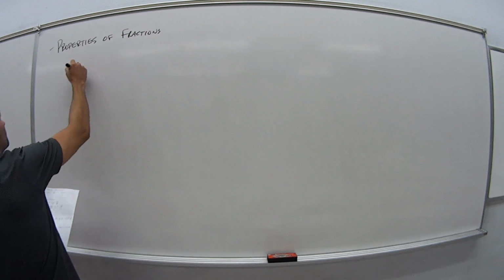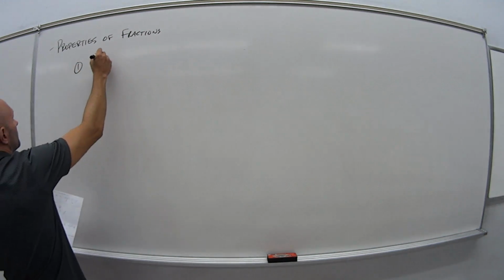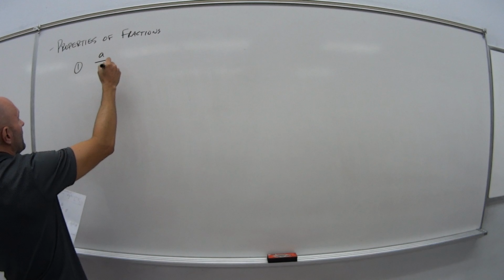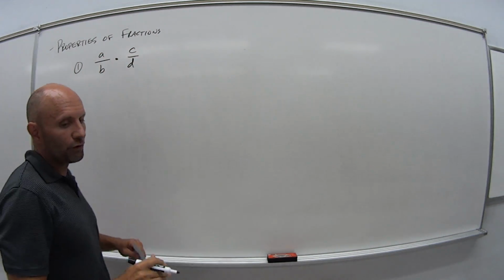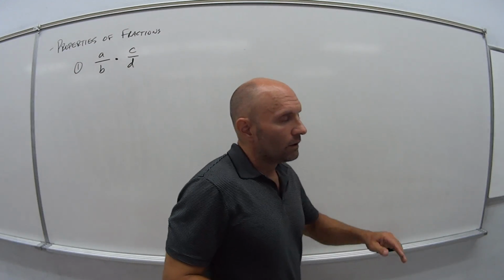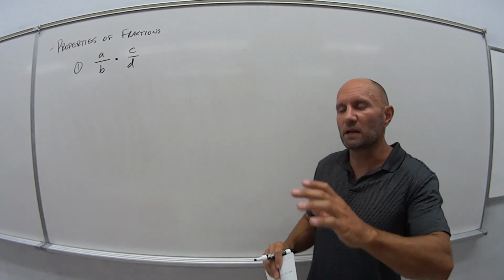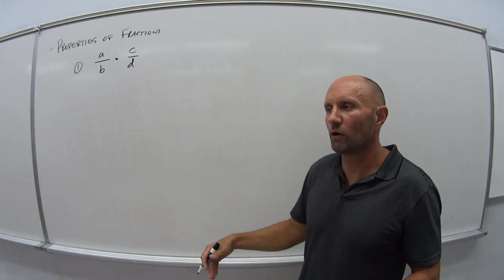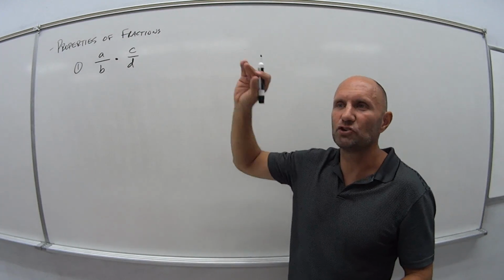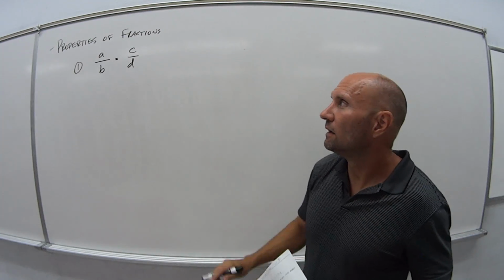So the first property is multiplication. So let's say I have A over B times C over D. You can think of multiplication as the easiest of your operations, so that when you start having to do other things, you can tell that this isn't multiplication, so it's not as easy.